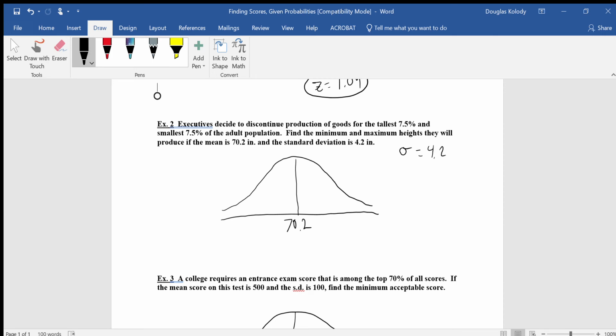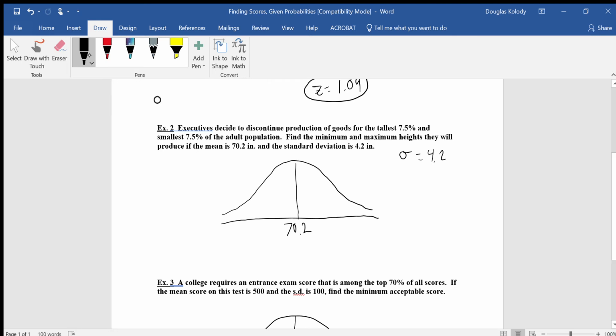Okay, so right now I am going to put that mean of 70.2 inches right here in the middle, and I am going to note that my standard deviation is 4.2 inches. I'm going to cut off, apparently due to budget restrictions, 7.5% on the top and on the bottom. How do you write 7.5% as a decimal? Isn't that 0.075? And down here is another 0.075.